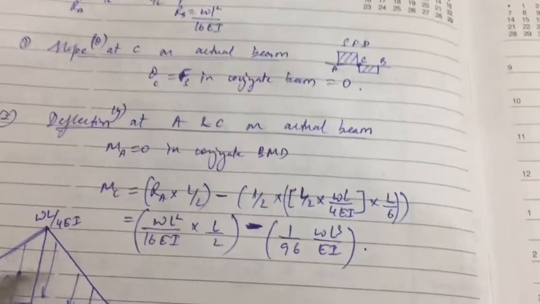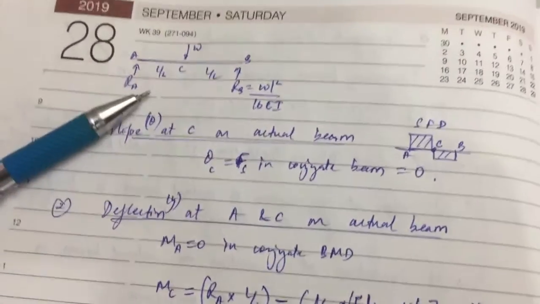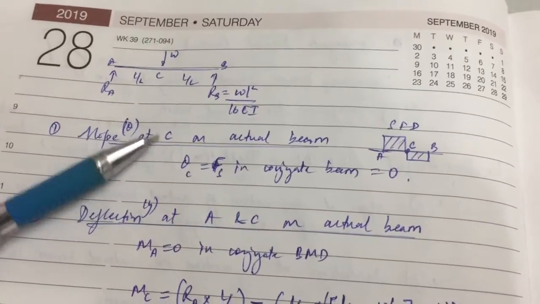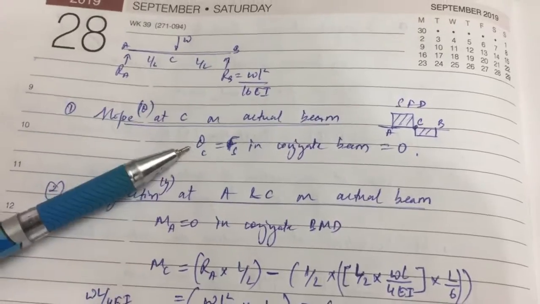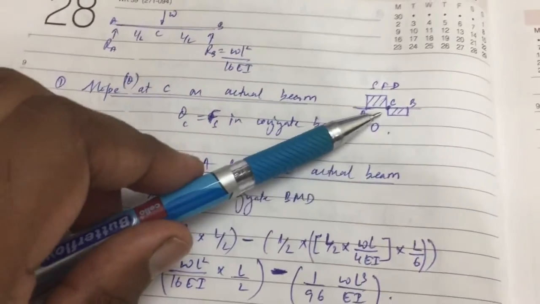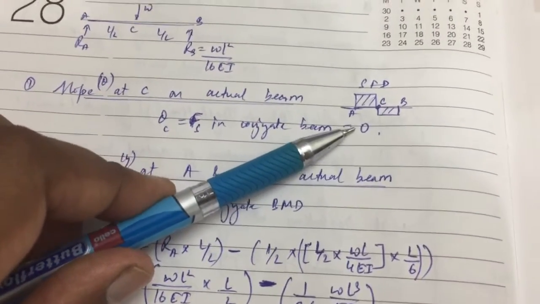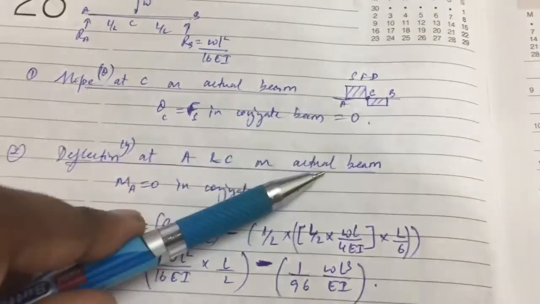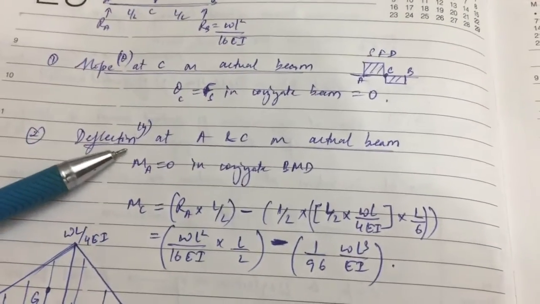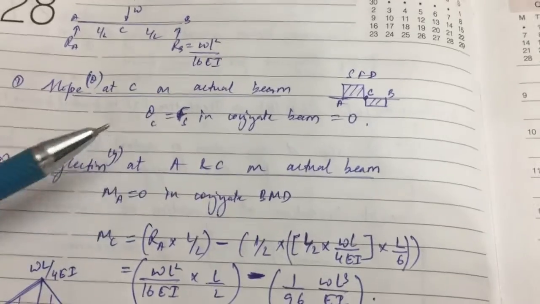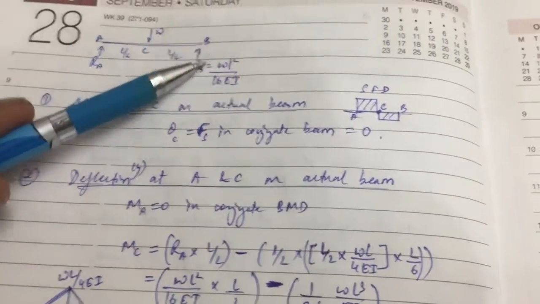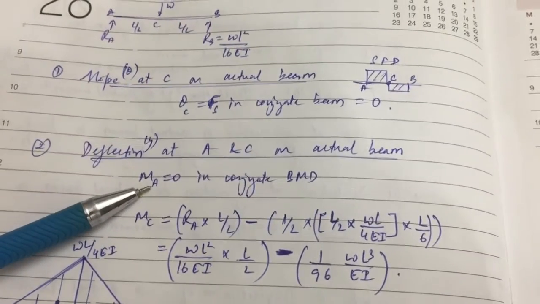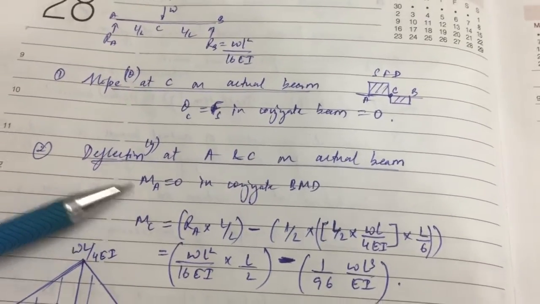So next is how do we calculate the slope. The slope at point C, as we have seen earlier, where the deflection is maximum, is basically 0, because when the slope is 0, the shear force at that point is 0. Okay, and then how do we calculate the deflection at A and B. The deflection, that means Y at A and B, will be 0, because the moment is 0 in the diagram.